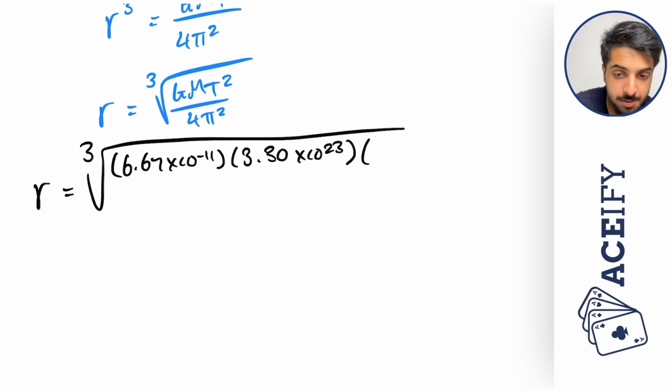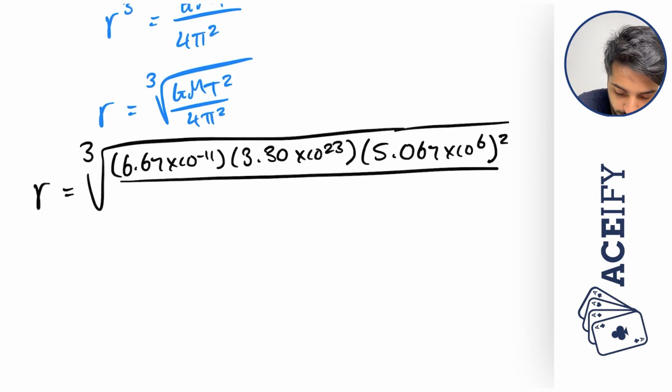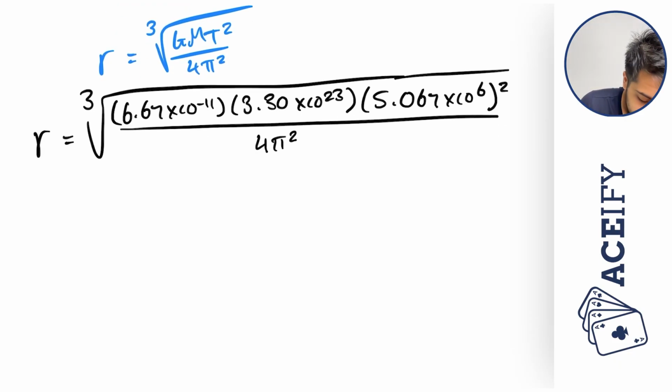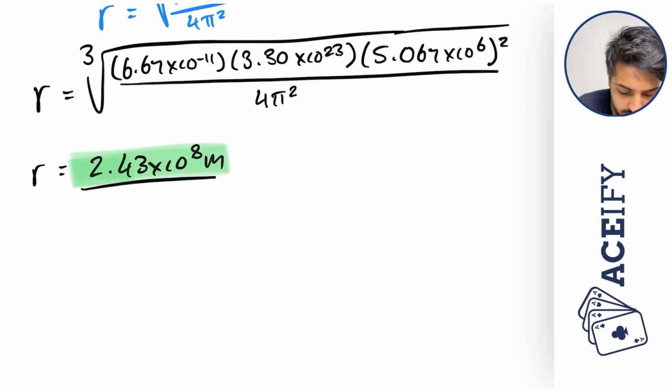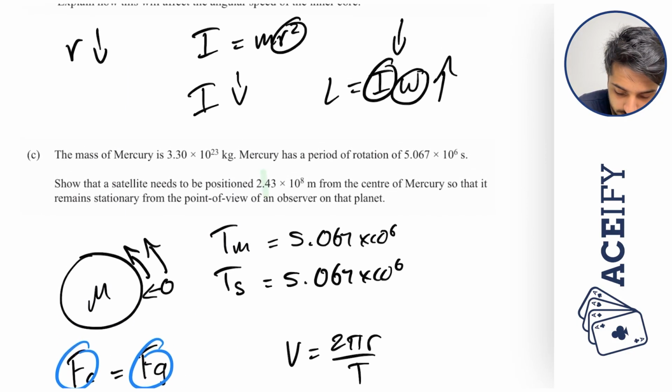And our period is equal to 5.067 times 10 to the 6, squared, and that's all over 4 pi squared. And this gives us a radius of 2.43 times 10 to the 8 meters. And as you can see, this is the value that we're trying to find right here.